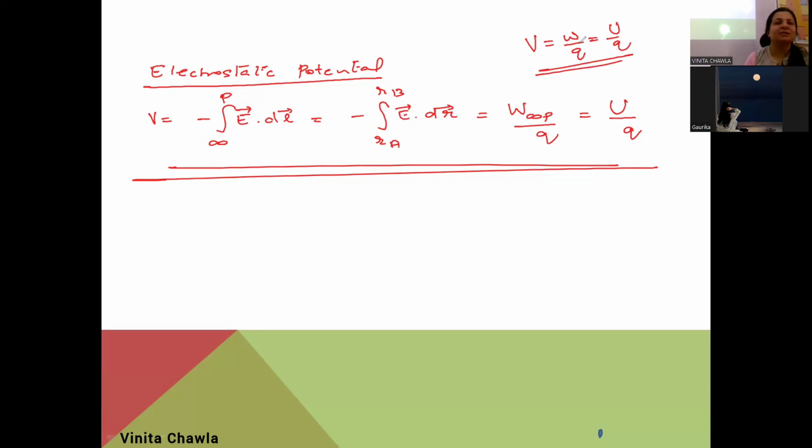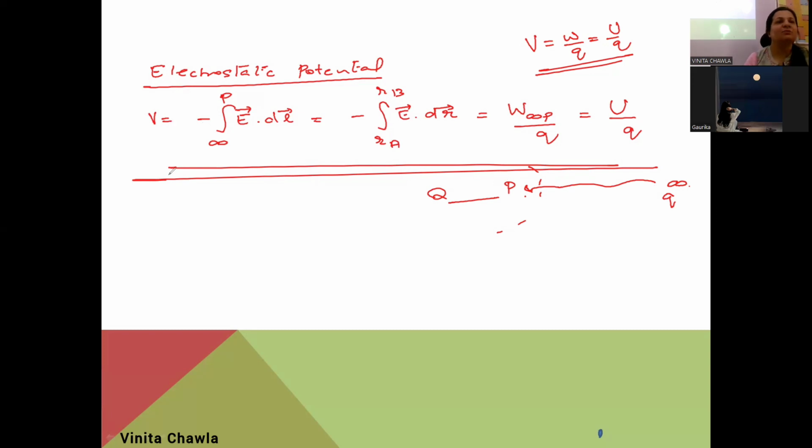So this is the case when our initial position is infinity and final position is P for a charge. This is the field of the source charge, and we are moving this Q charge from infinity to a point P. Then we write electrostatic potential like this.